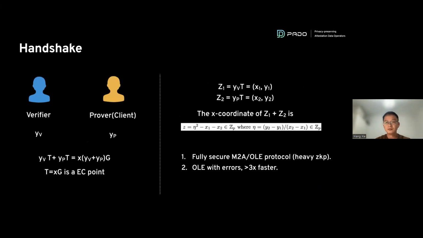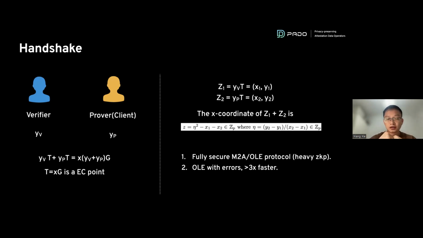The point here is that each party, the verifier and the prover, gets a secret value, and they want to compute the session key, the DDH tuple, and all of these are represented in elliptic curves.